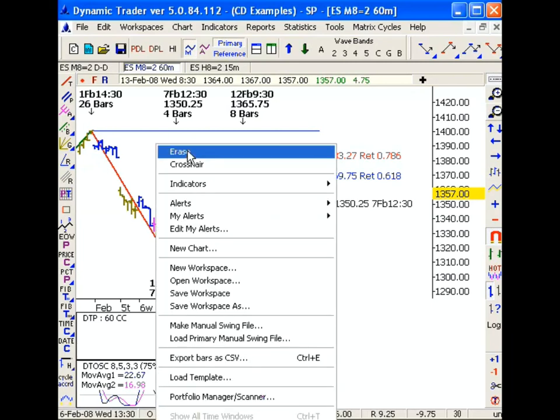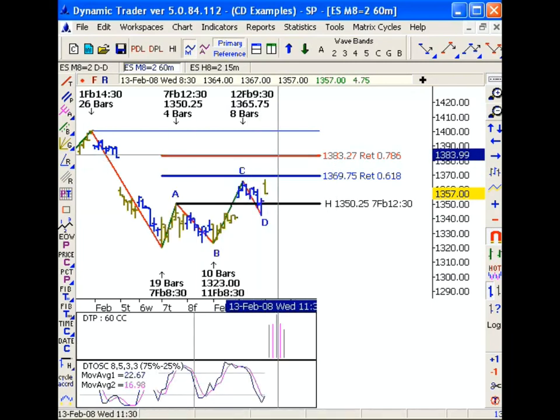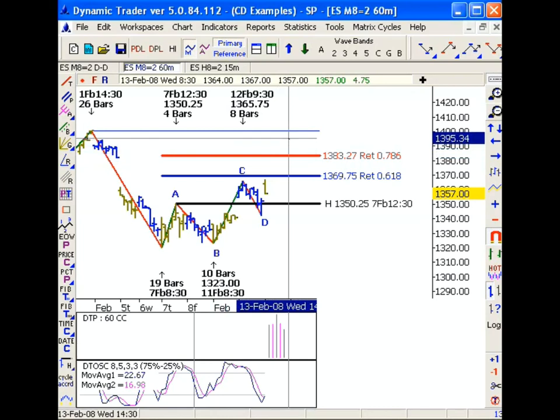But we have, let me get the crosshairs, right around 11:30 of February 13th, plus or minus about a bar or two, should be what we call a 60-minute top, or a top that would last for 6 to 8 to 10 60-minute bars, otherwise for several hours. So the upside is fairly limited in time and possibly in price.